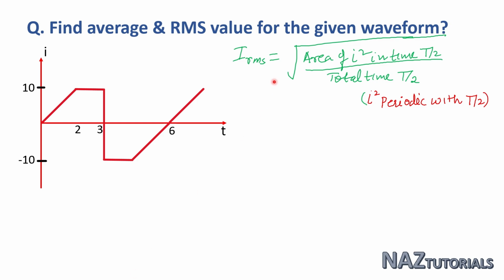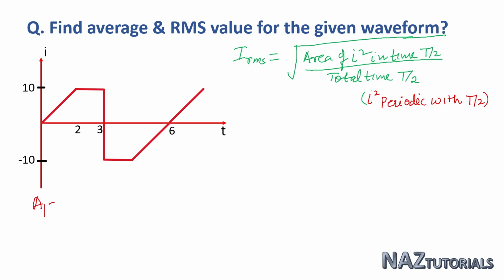The formula for the calculation of IRMS is the area of I square in time t by 2 divided by the total time t by 2, as this is a symmetrical waveform, and I square is periodic with t by 2. So concentrating on the section t by 2, there are two different wave shapes. For 0 to 2 seconds, you can calculate the I square, and for 2 to 3 seconds, it is 10 square.